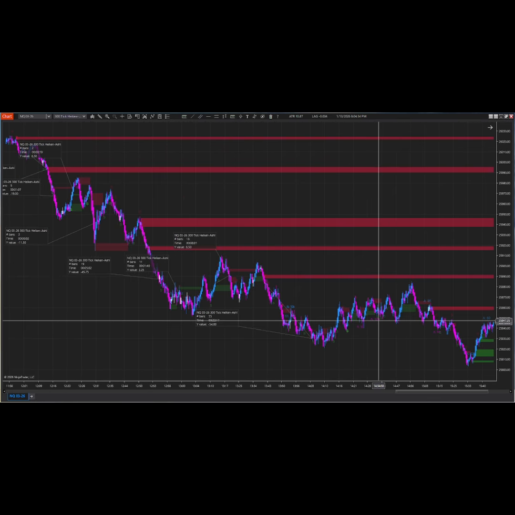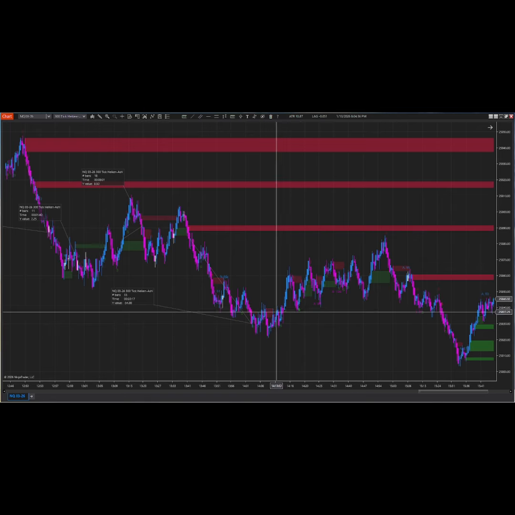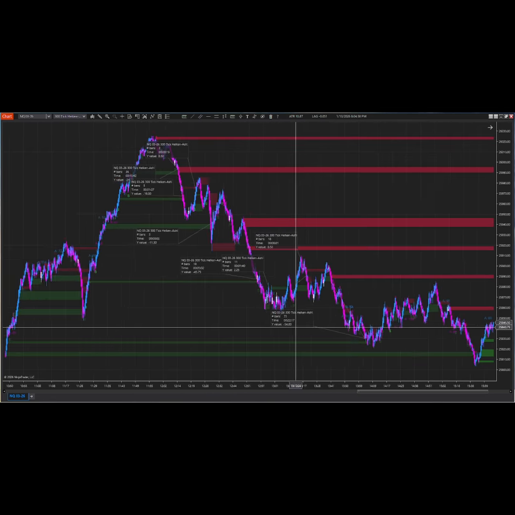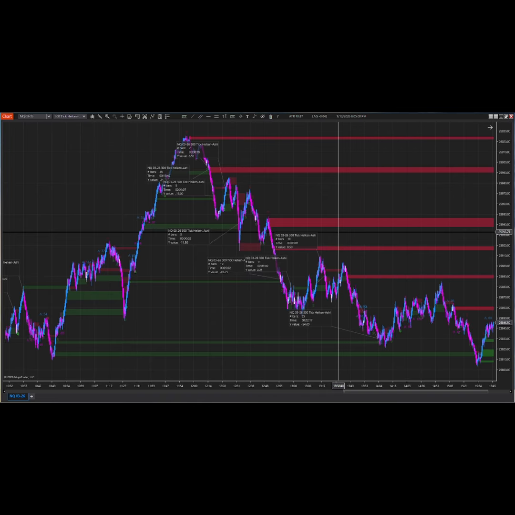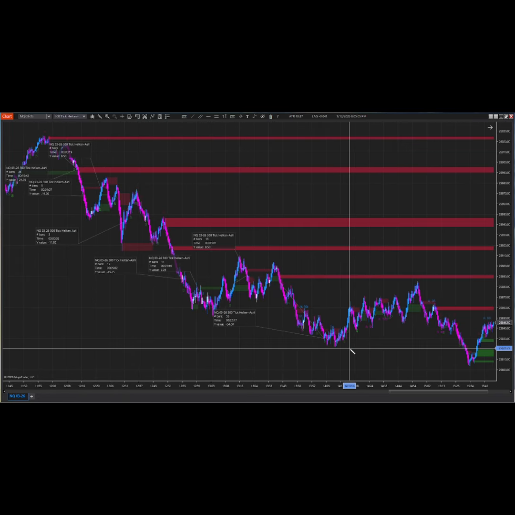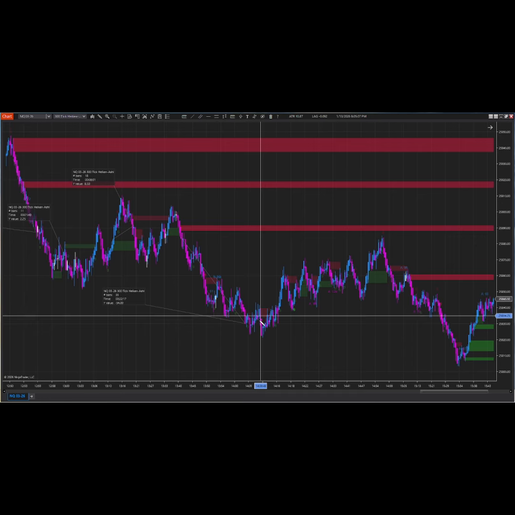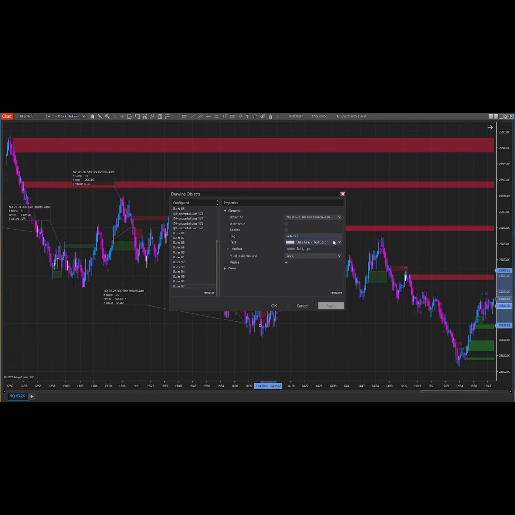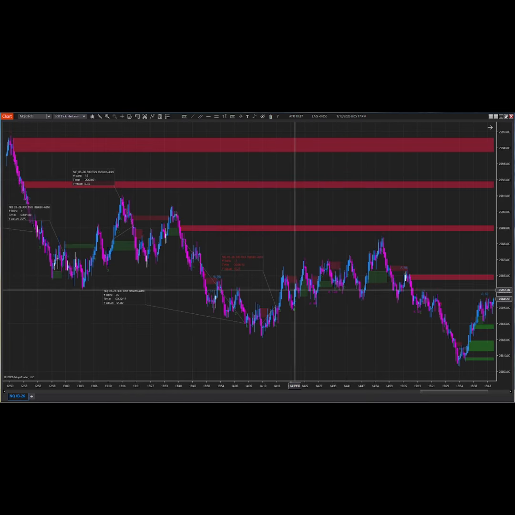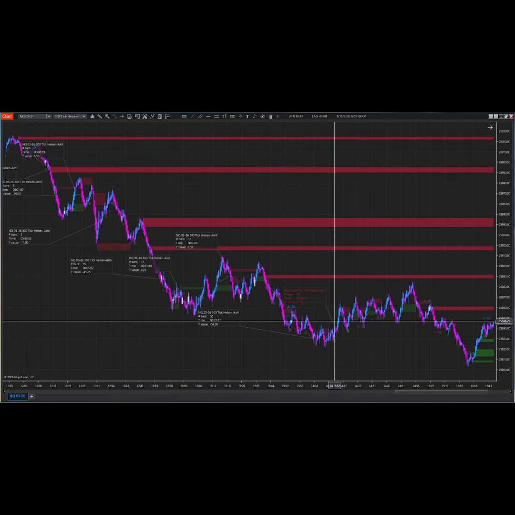And as simple of a strategy as that is. One here printed. Try to go down lower. And that was something that we got stopped out at. Okay. This pushed lower.